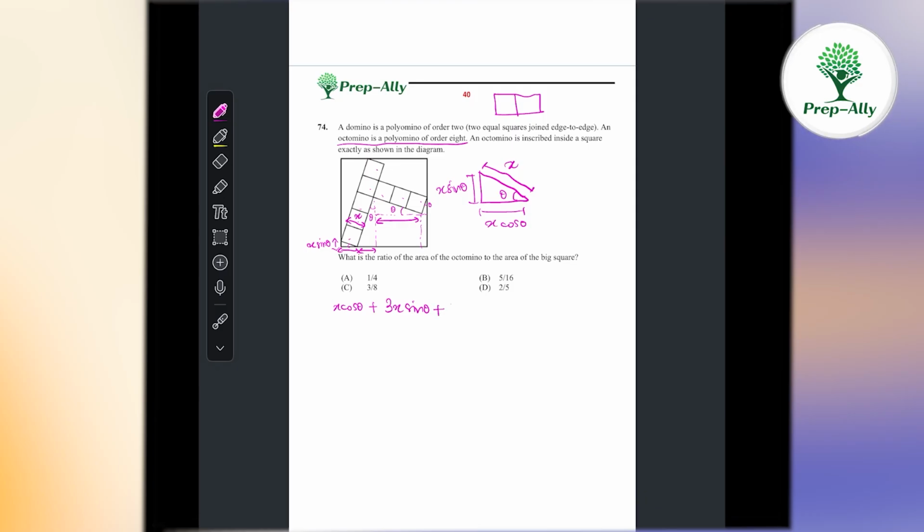So we have this as 3x cos theta, and this small length here is x sin theta, right? So the side of this square in terms of x and theta is 4x cos theta plus 4x sin theta, right?